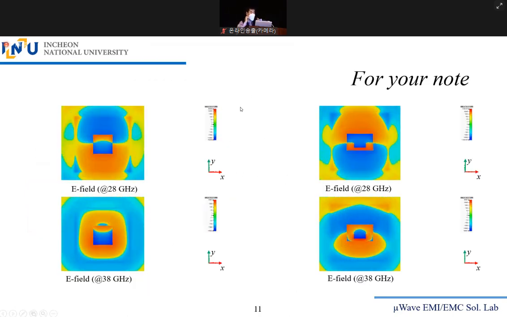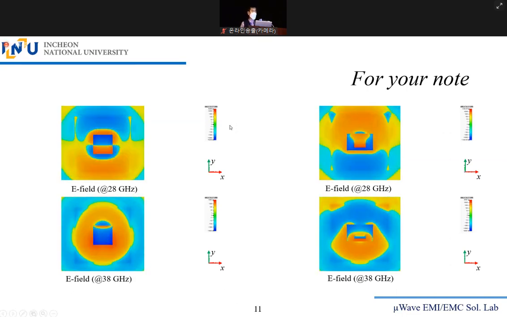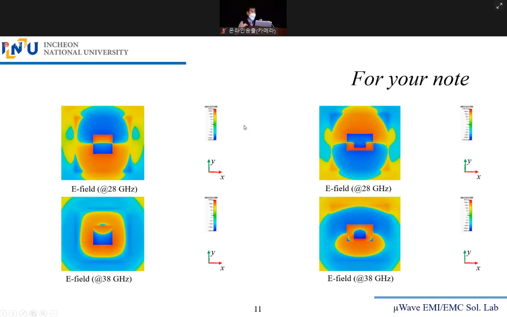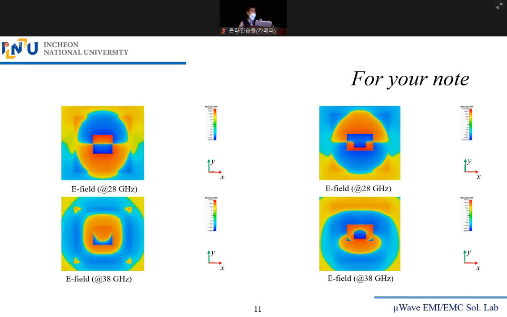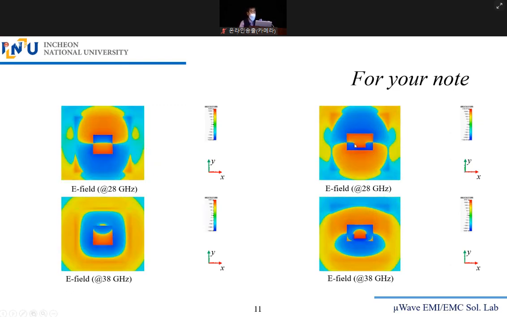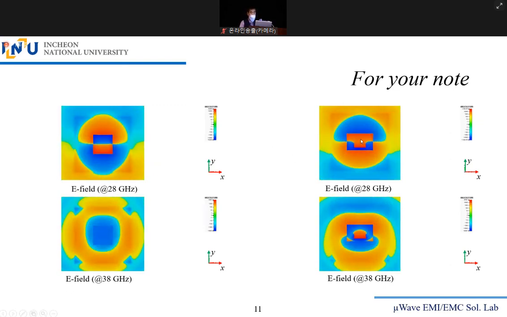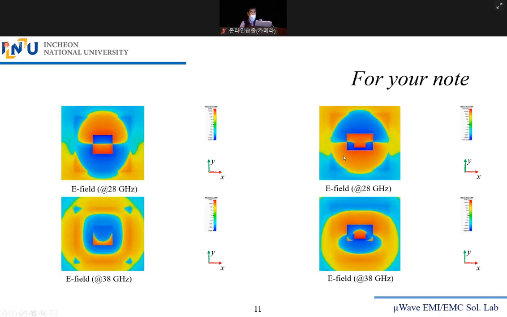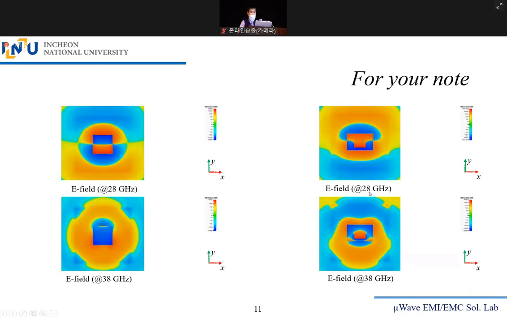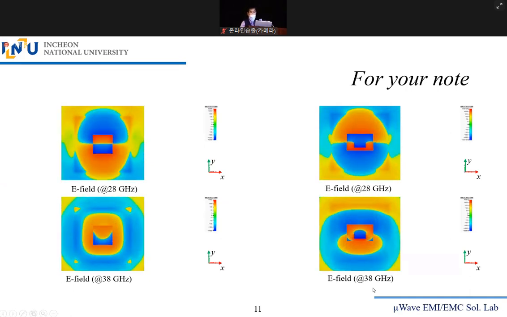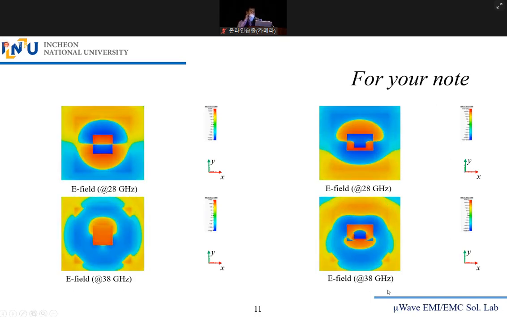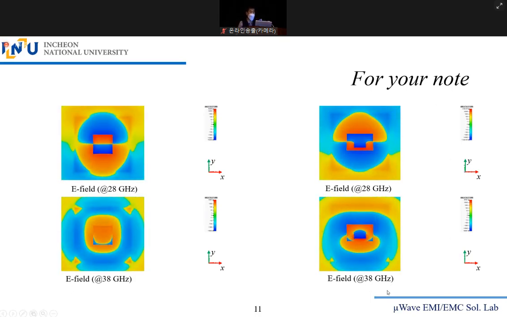In my group, we are in the middle of working on lots of electromagnetic problems, including antennas or filters and many other components. So you can see the electric field distribution animated to show you. Actually, we developed a dual band antenna system, which works for 28 gigahertz and 38 gigahertz as well, to cope with the demands from the American market.